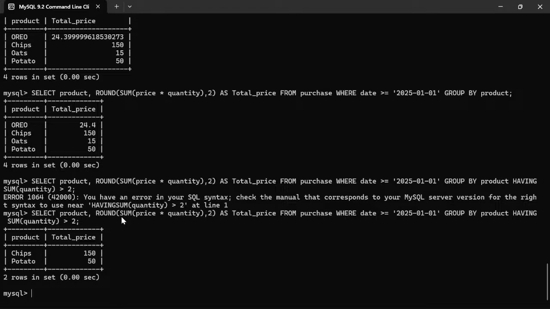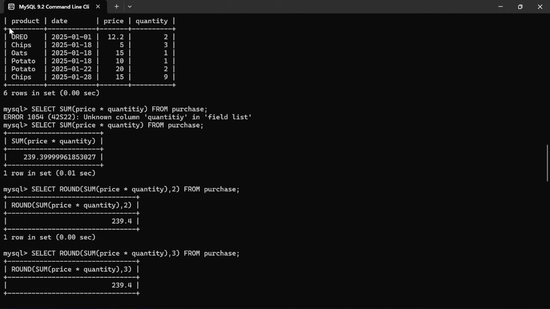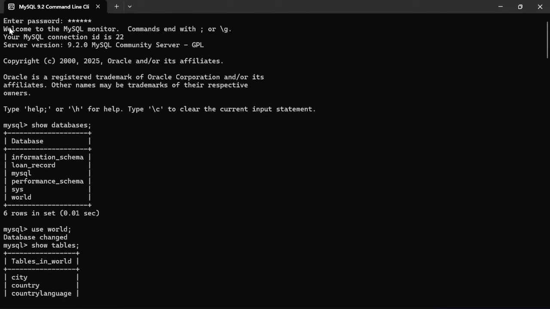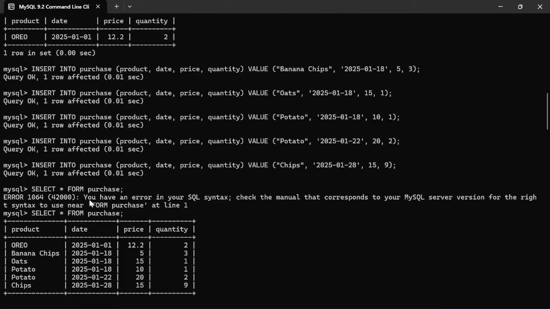So in that case, we just have to use the group by. But this is really interesting. I have to select this product. Okay, that's really important. Again, at the beginning, I just use this. Okay, that's not a big thing.